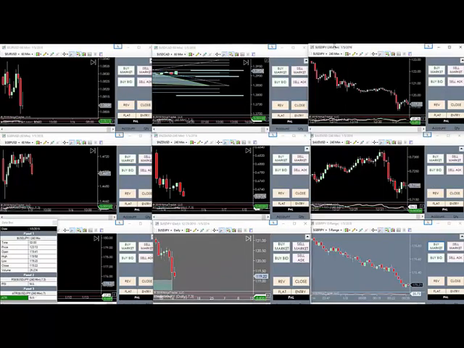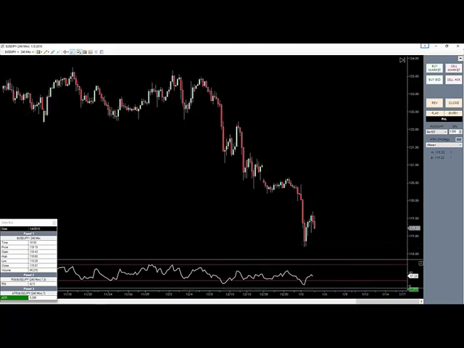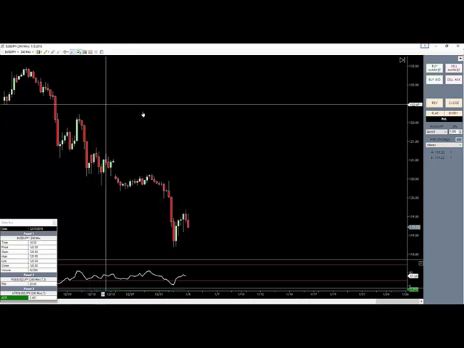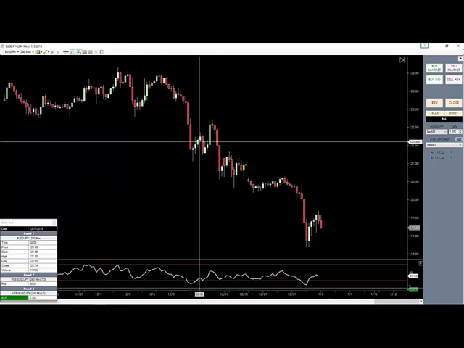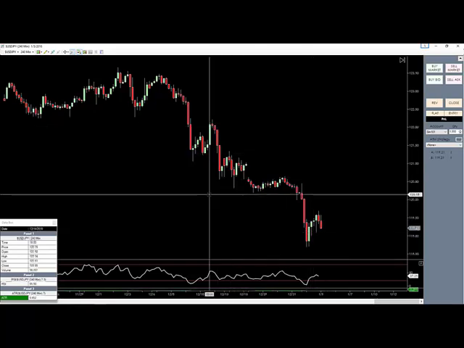So on the 240 chart, we're looking at about the same play that we're looking at with the euro dollar, a double bottom in anticipation of riding that back up to previous structure.